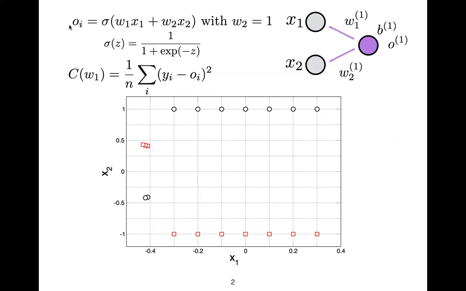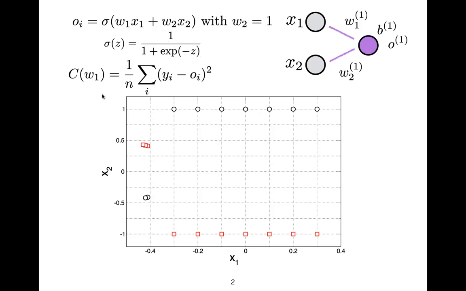You can see the output is sigmoid of W1 times X1 plus W2 times X2 plus B1. Then we do the sigmoid function, right?